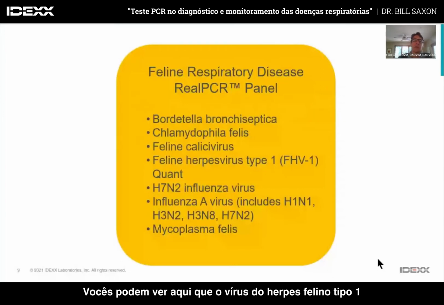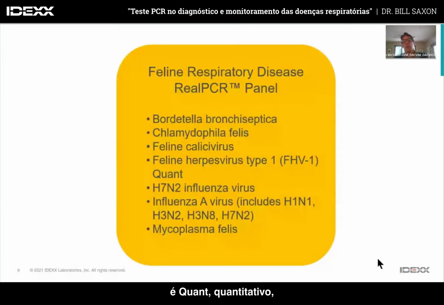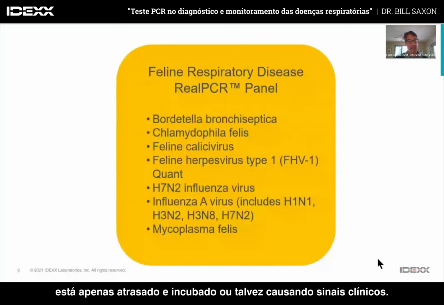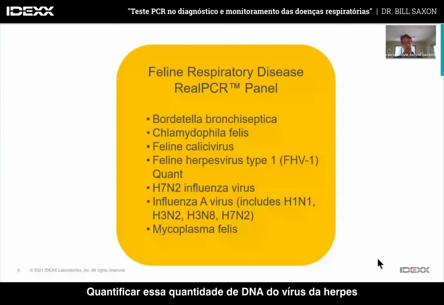You can see here that feline herpesvirus type 1 is quantitative, and we'll talk about how that can be helpful in determining whether your positive herpes PCR is just latent, hanging out there, or potentially causing clinical signs. Quantitating the amount of herpesvirus DNA can help determine whether it's the cause of current signs, so address it, or it's hanging out in the background, so keep looking for some other cause.